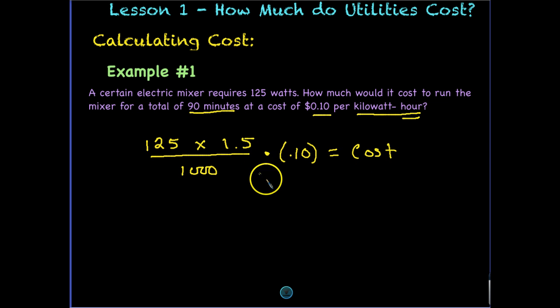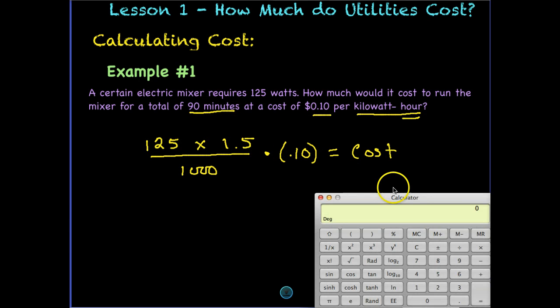So if we do a little math here on our calculator, we get 125 watts times how long we use it, an hour and a half, and that equals 187.5, but those are just watts, so if we divide that by 1,000, that tells us how many kilowatts we actually used, and we actually only used 0.1875 kilowatts, and we are charged 10 cents per kilowatt, or a fraction thereof.